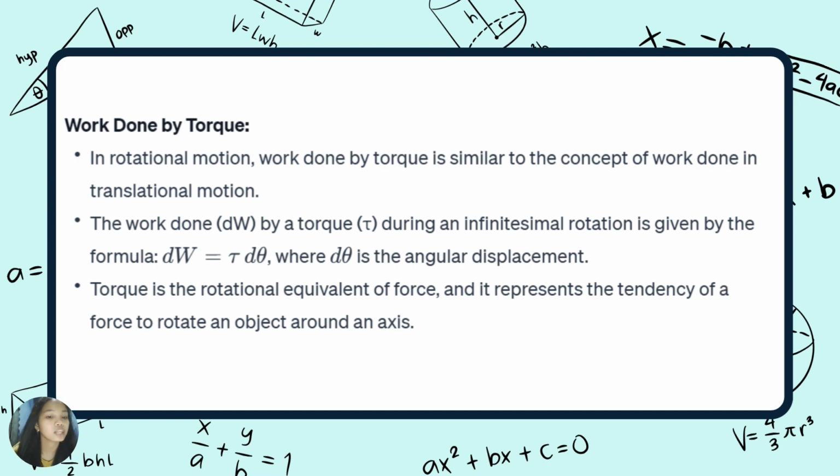The work dW done by a torque during an infinitesimal rotation is given by the formula dW equals tau d theta, where d theta is the angular displacement. Torque is the rotational equivalent of force, and it represents the tendency of a force to rotate an object around an axis.